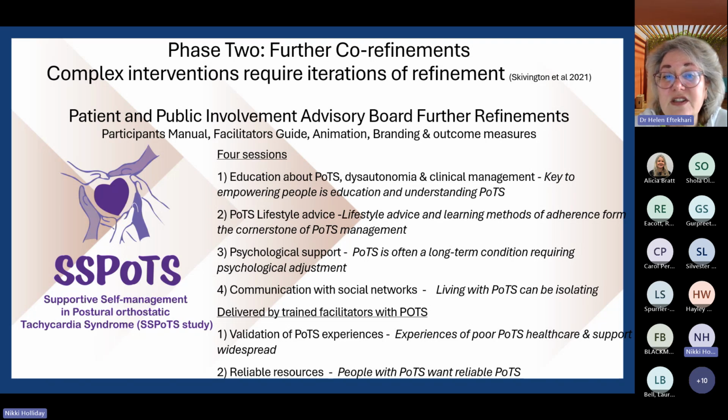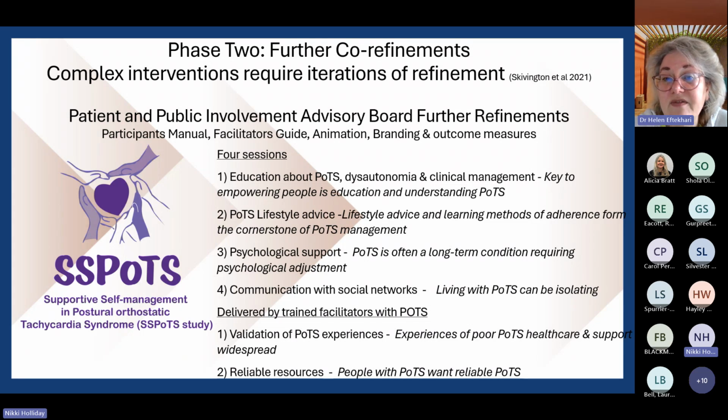So the first session in the intervention was education about the condition. The second session was information about lifestyle as the cornerstone of management and how to manage flare-ups. The third session involved psychological support, and that was really important. It was more about recognizing the condition as needing psychological adjustment.